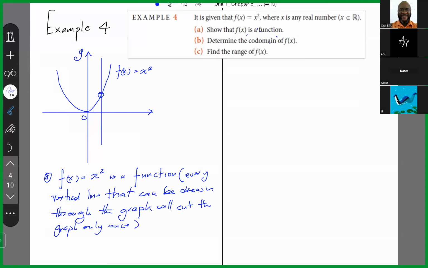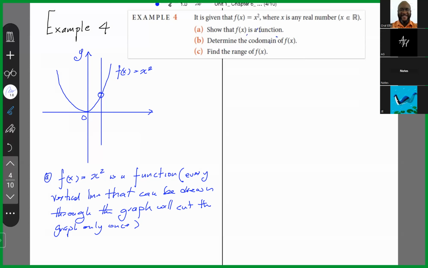So I'm putting that in brackets. Every vertical line that can be drawn through the graph of f of x is equal to x squared will cut the graph only once. Therefore, f of x is equal to x squared is a function.